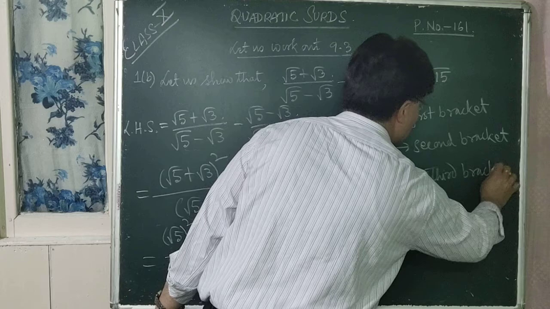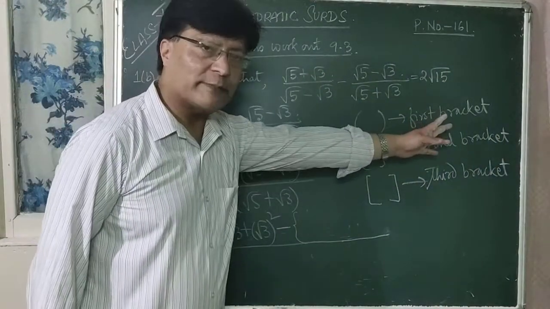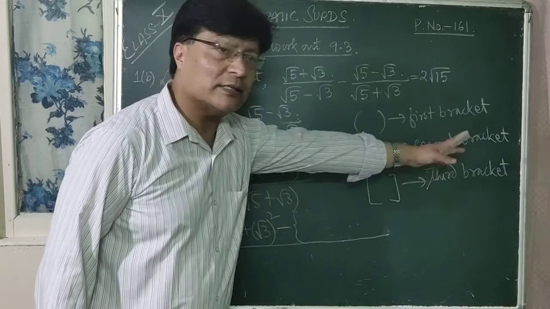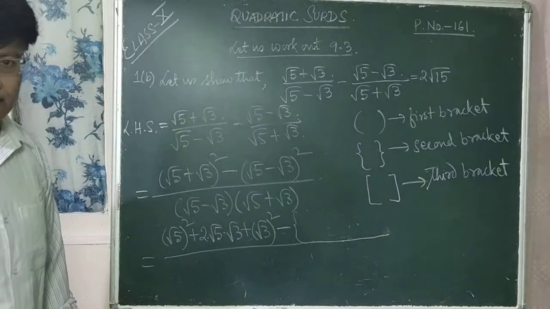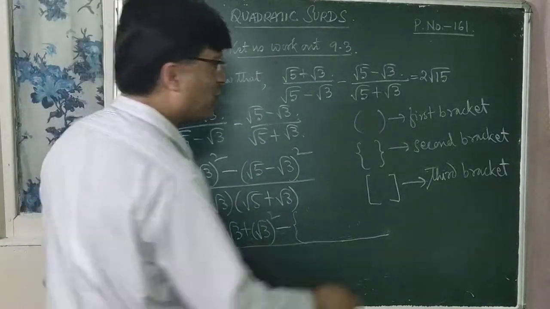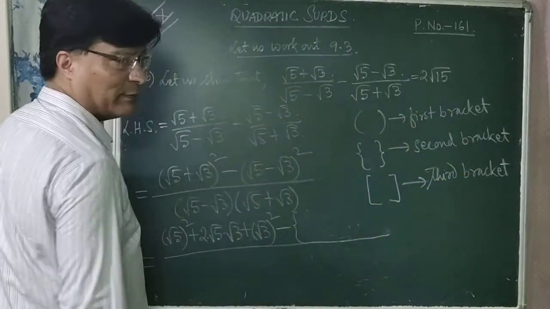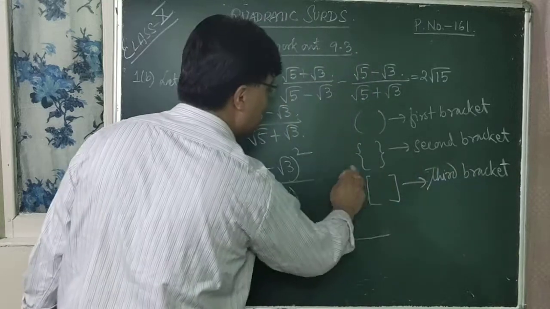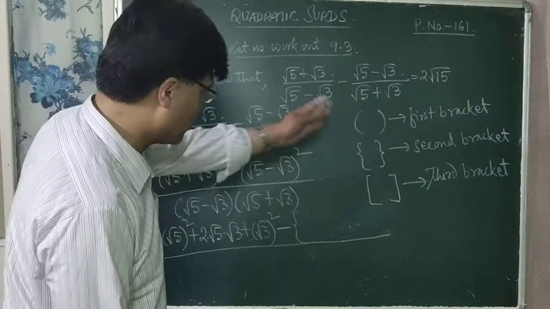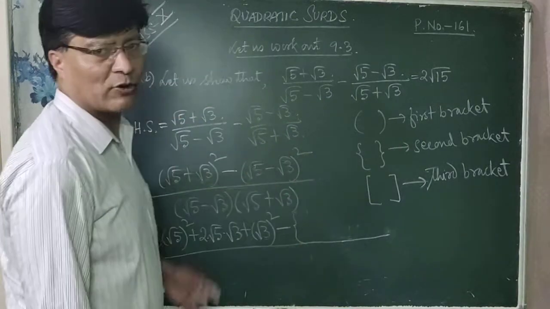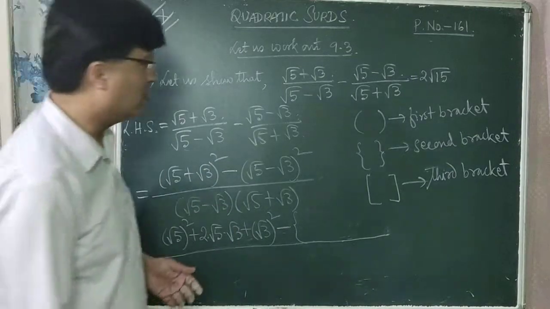This bracket is known as the first bracket, this curly bracket is known as the second bracket, and this square bracket is known as the third bracket. Whenever I say first bracket you have to write this bracket, whenever I say second bracket you have to write this curly bracket, whenever I say third bracket you should write down this square bracket. Is that clear to all of you? If you don't know the brackets you can copy it. If you know it then no need of writing it again.